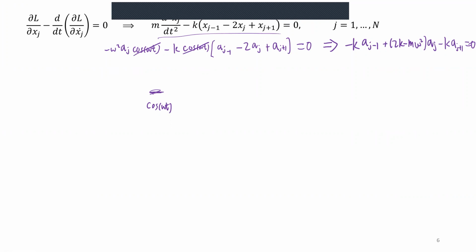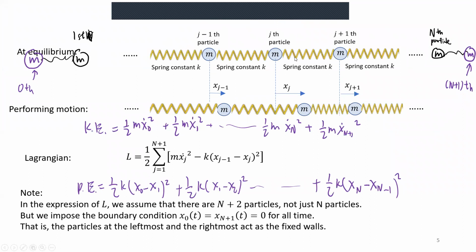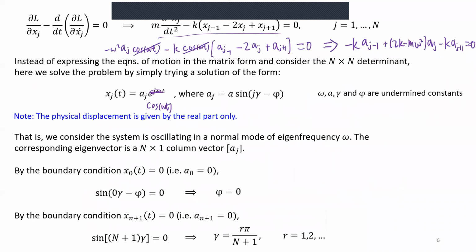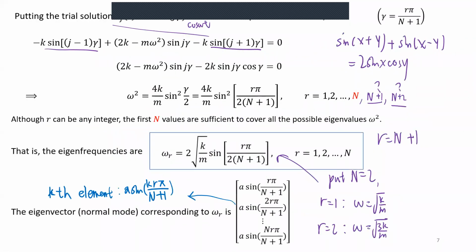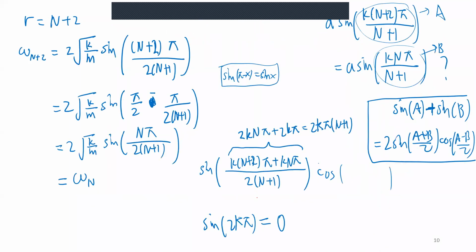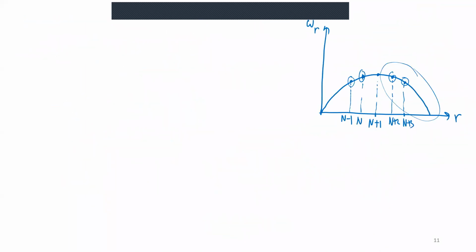But what is the fundamental difference between the example we are doing now and this example here? In this example, we said that the 2 ends are fixed. But in this case, with this circular hoop, we don't really have that fixed point or fixed wall.